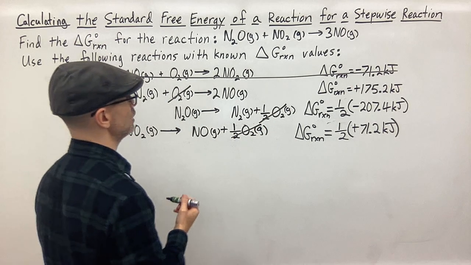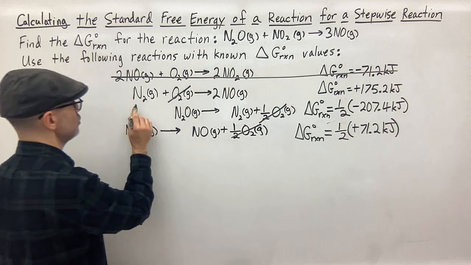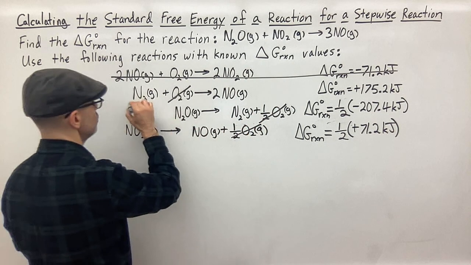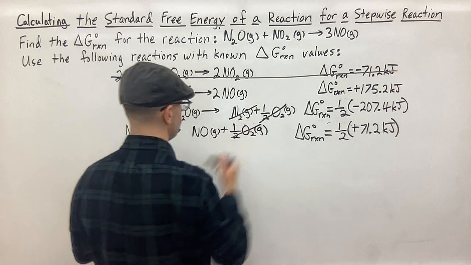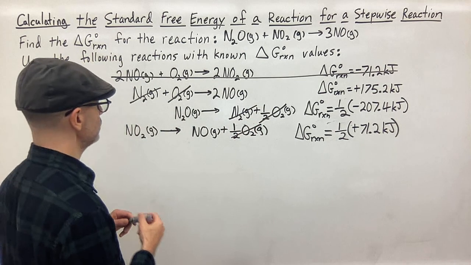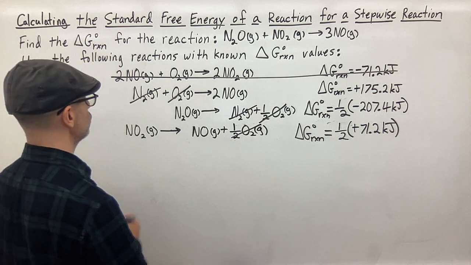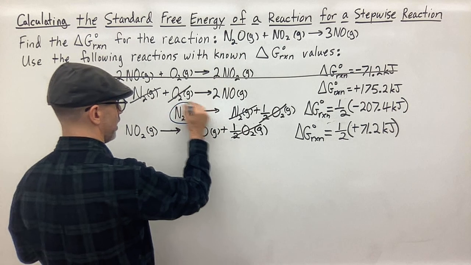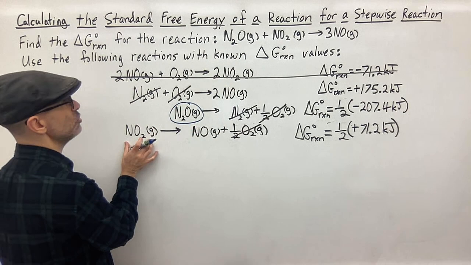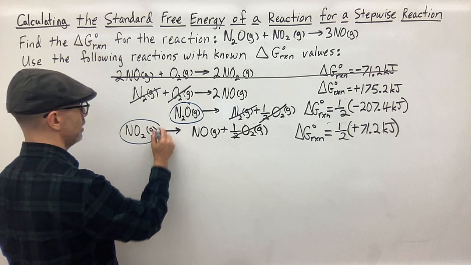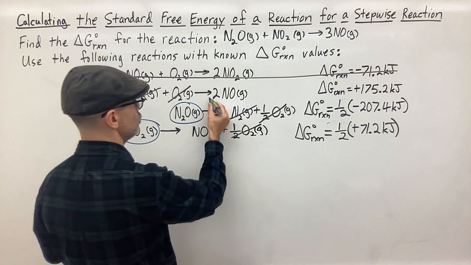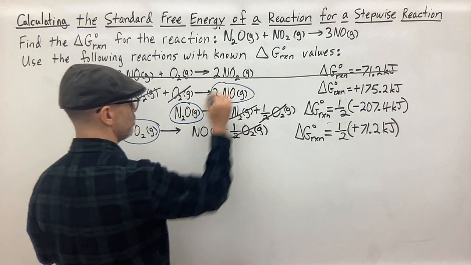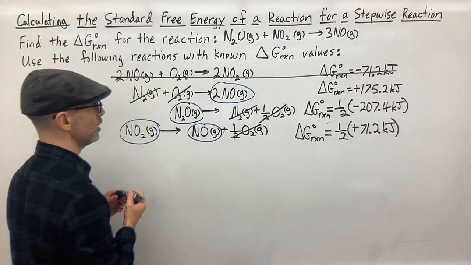And what about nitrogen? I don't have N2 in the target. I have 1 N2 here, and I have 1 N2 here, so that's going to cancel out. And everything else I have, I can circle. I have N2O here, 1 there. I have NO2 here, 1 there. And I have 2 NO here, and 1 there. So 2 plus 1 gives me 3.